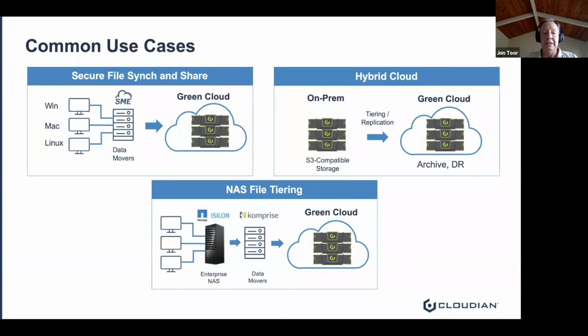Lastly is NAS file tiering. If you've got customers who are using NetApp, EMC as their file storage devices, one thing you may be interested in is that typically 60% of the data in those environments hasn't been accessed in the last year. If they want to free up capacity, they can take that 60% of data, tier it using your service and move that data into the cloud.